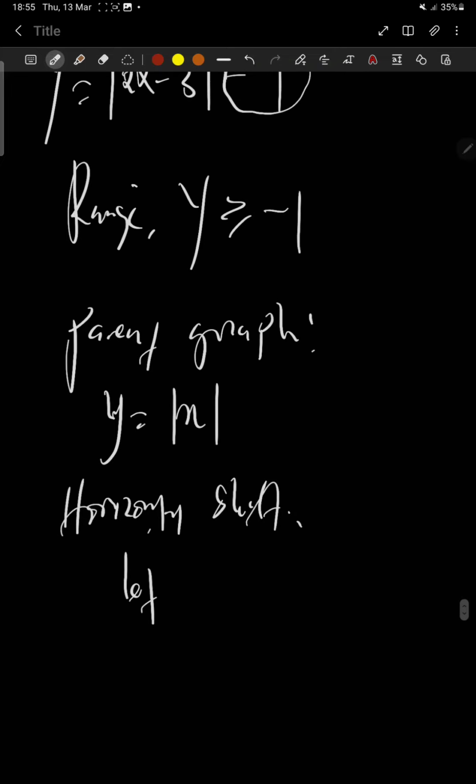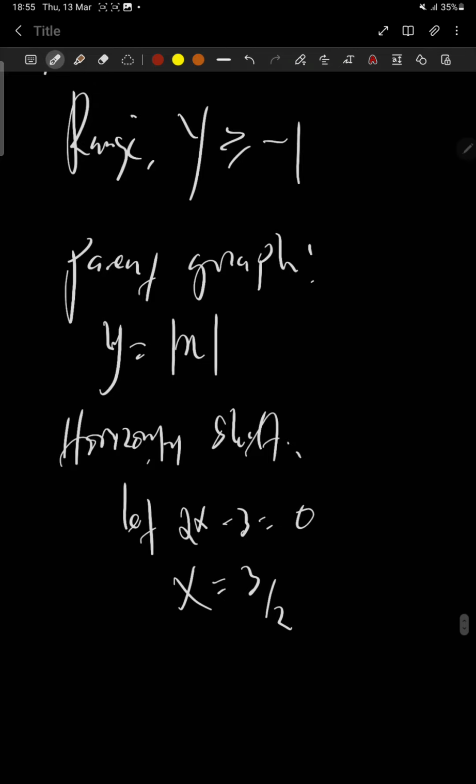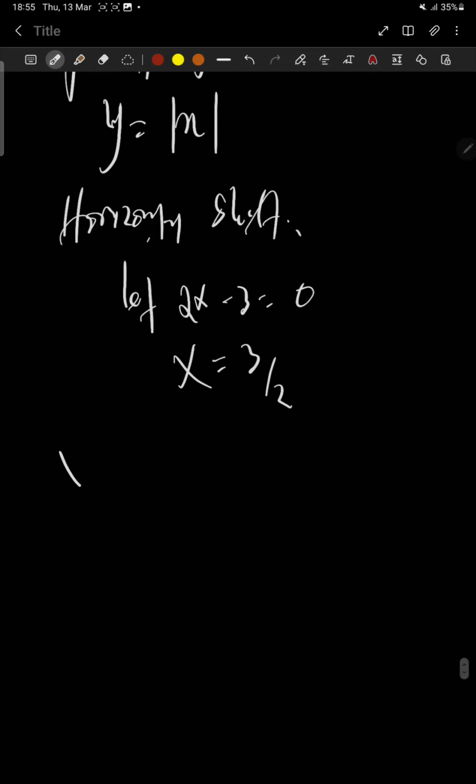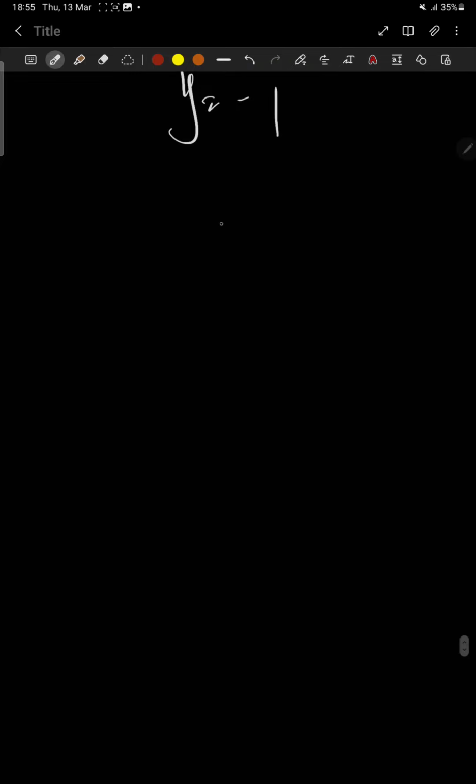Let 2x minus 3 be equal to 0, and x is equal to 3 over 2. Then the third thing is the vertical shift. Our vertical shift is y is equal to negative 1. So now we can sketch.